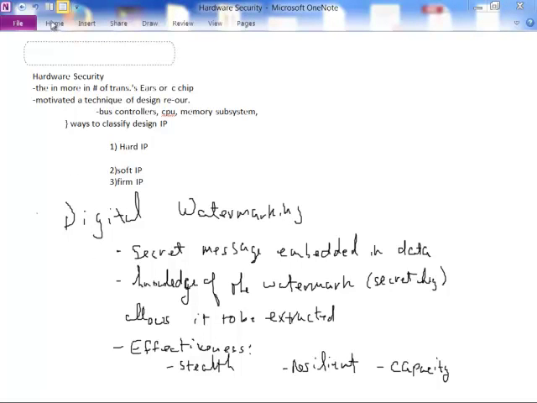Okay, so let's look at the process that's used for watermarking.